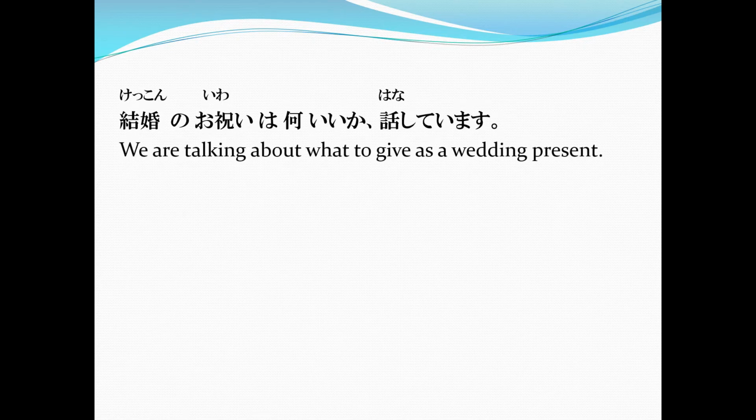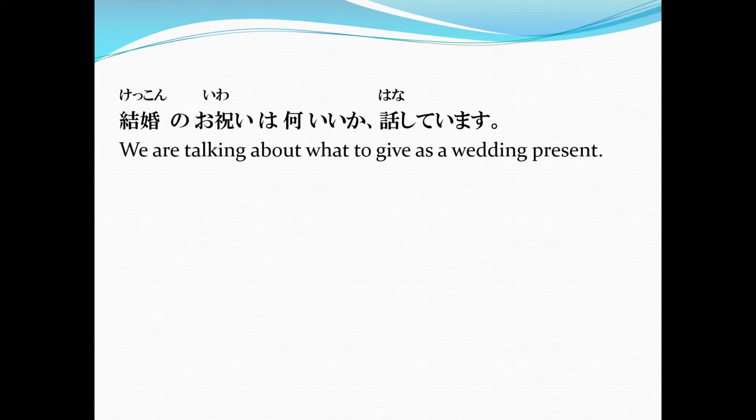Kekkon no oiwai wa nani ka hanashite imasu. We are talking about what to give as a wedding present. So in this sentence pattern, the speaker is talking about what to give as a wedding present, containing the nani, or what.